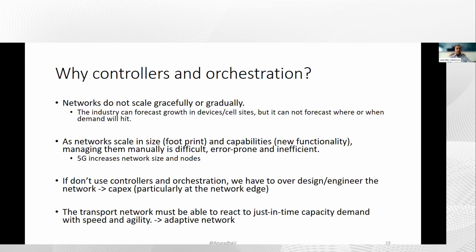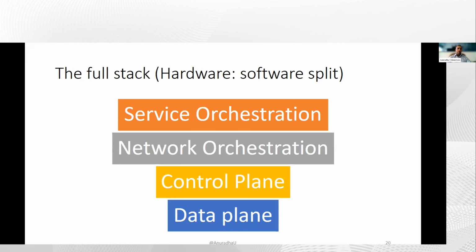As networks increase in size, capacity, capabilities and different functionalities, manual intervention and people trying to manage and operate this network is really error prone and inefficient. So we really need to have intelligence, control, and orchestration to handle those sorts of networks.